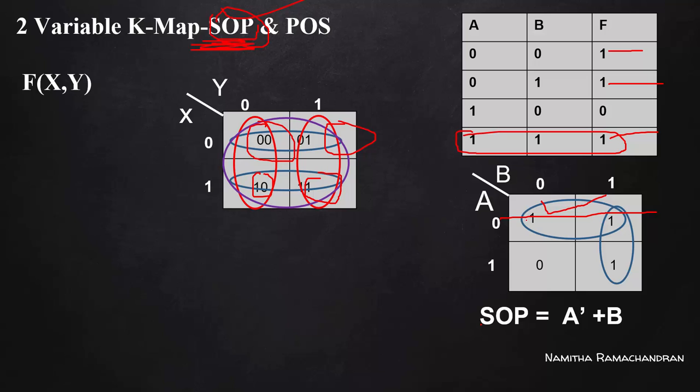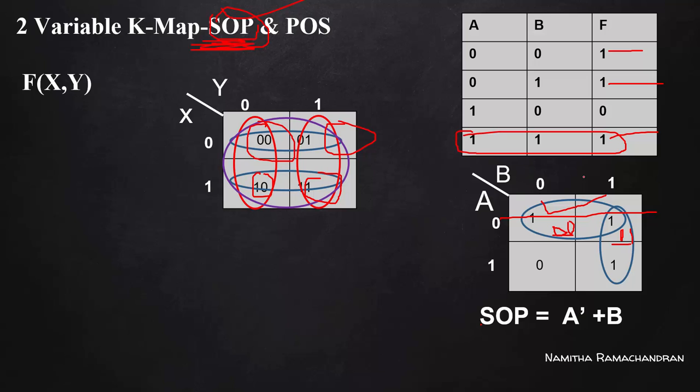Okay, based on that, consider these two ones present in this group. Right? So here this particular A is common for this and this. This one indicates A with 0, B with 0. And here A with 0, B with 1. So the A part is common, with the same value 0. So we can represent this A in its complemented form.